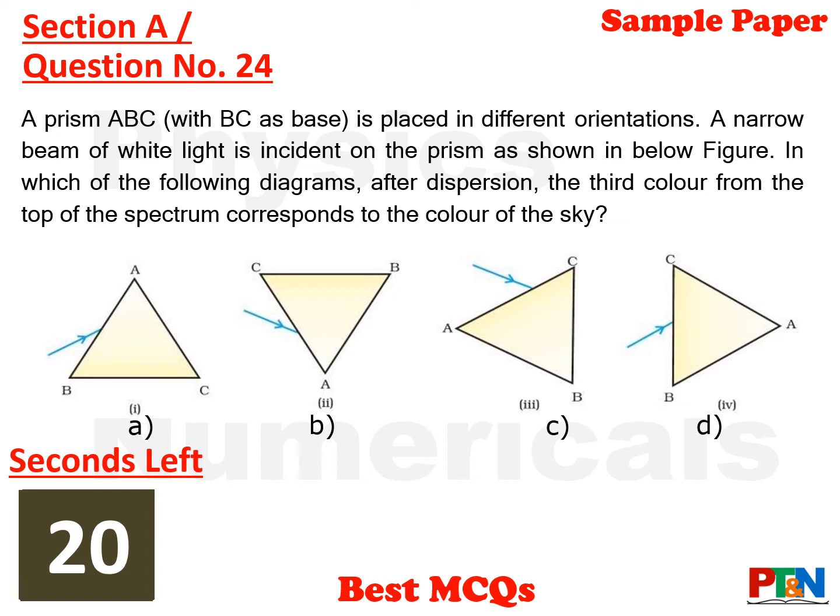In which of the following diagrams, after dispersion, the third color from the top of the spectrum corresponds to color of the sky? 20 seconds time for you to think. 4 options. Your time starts now. You have freedom to take extra time in case you need.